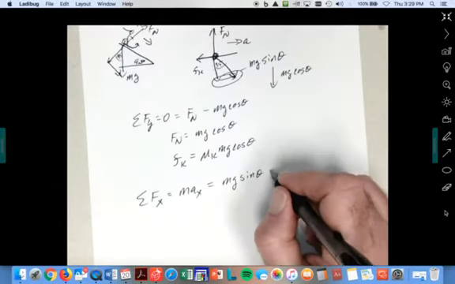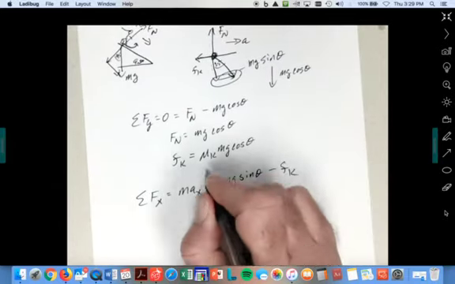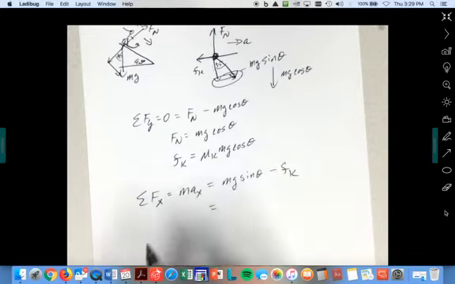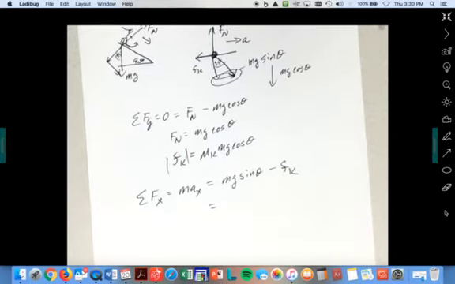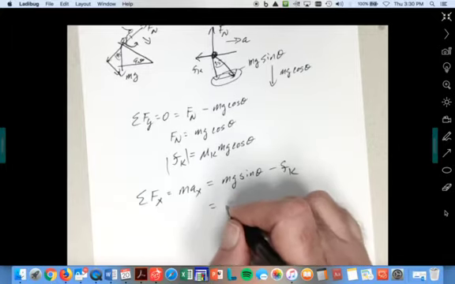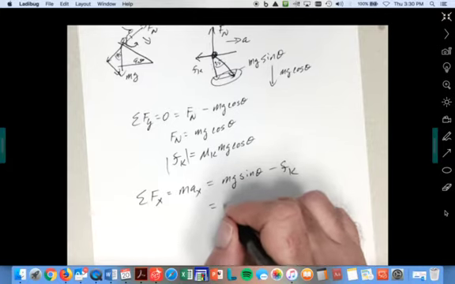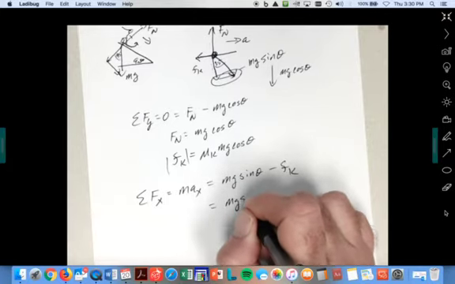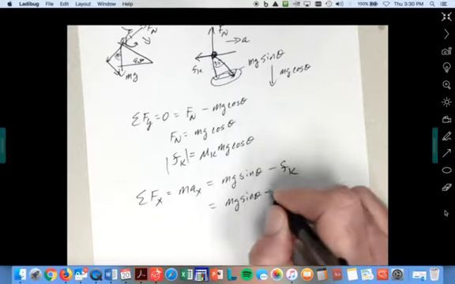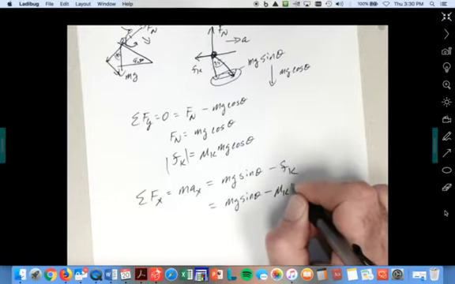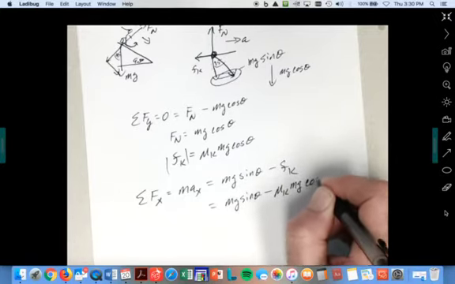minus f of k. But we already said the magnitude of f of k is equal to mu k mg cosine theta. So we wind up with mg sine theta minus mu k mg cosine theta.